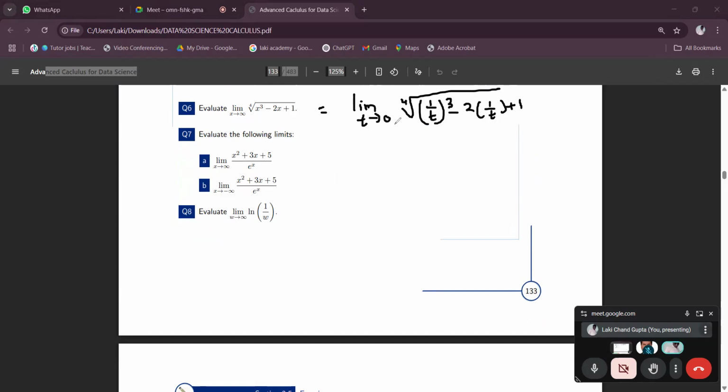Now simplify this. Take t cube common. You will get minus 2t square plus t cube, right?